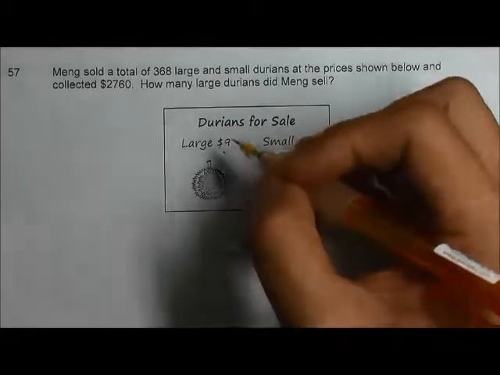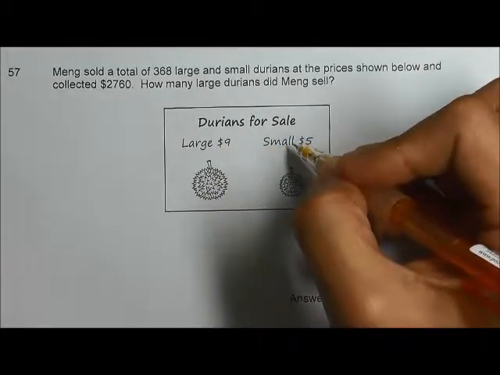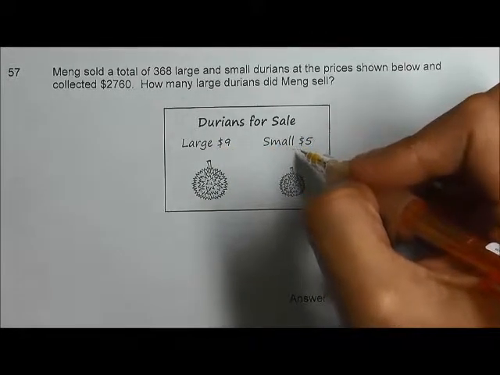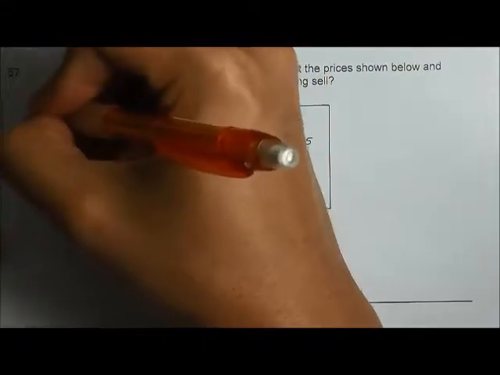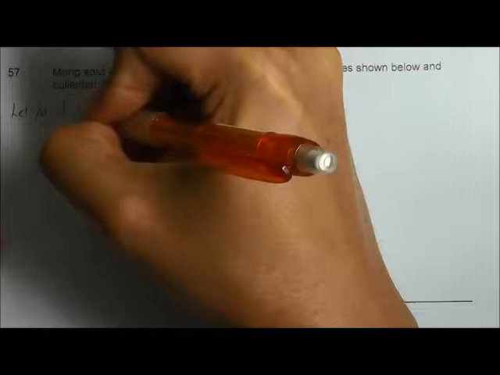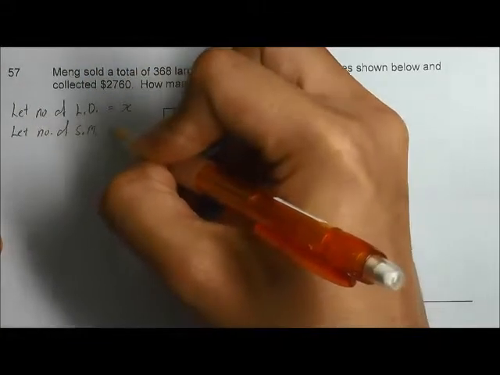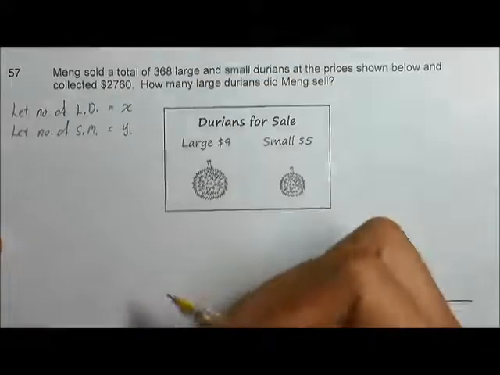First of all, we let the number of large durians be x and the number of small durians be y. So let's indicate: LD means large durian, be x, and let the number of small durians be y.